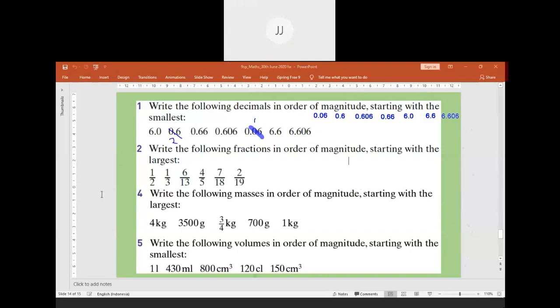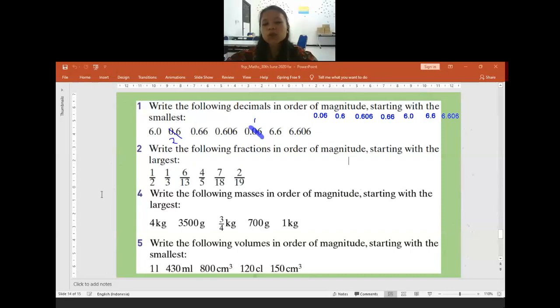I don't know how to use the calculator. If you use a calculator, you just have to change it into decimal. So 1/2 will be 0.5, 1/3 will be 0.3, and so on. Then you have to write it in order.